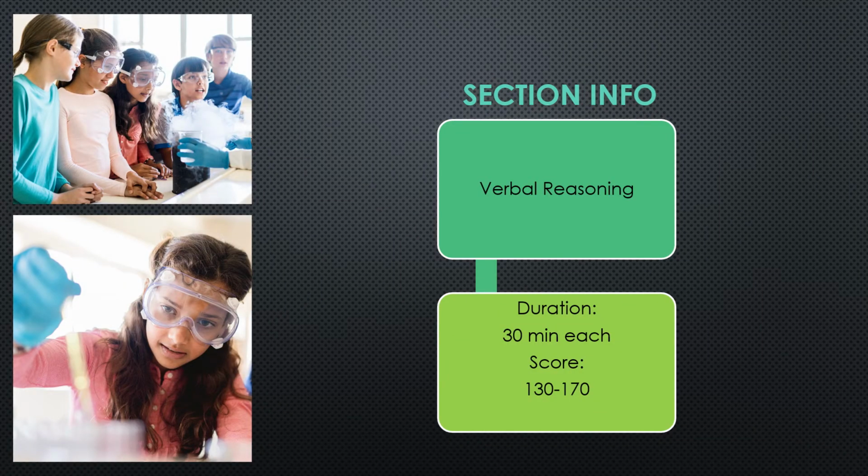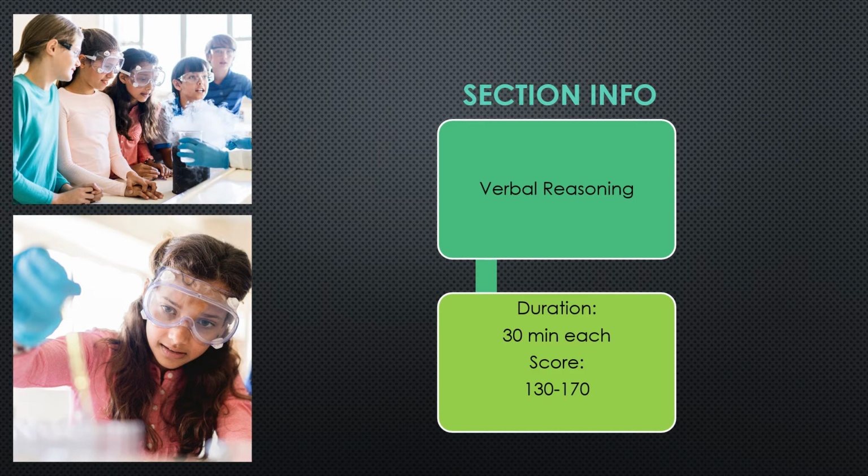Then the next section that you will be facing after analytical writing could be either a verbal reasoning section or a mathematical reasoning section. In GRE, based on what set you get, you will get 3 verbal reasoning sections or 2 verbal reasoning sections, and each section is timed at 30 minutes, and the score is in the range of 130 to 170.